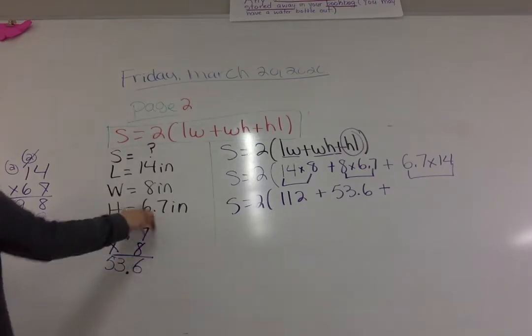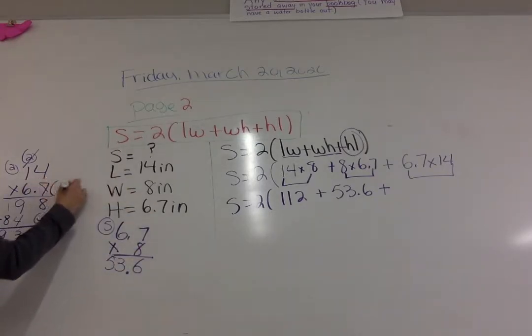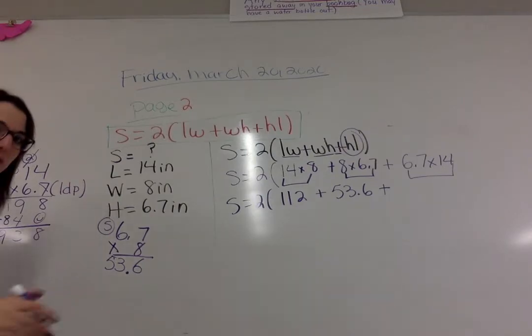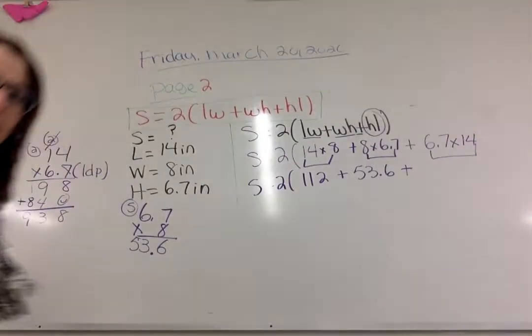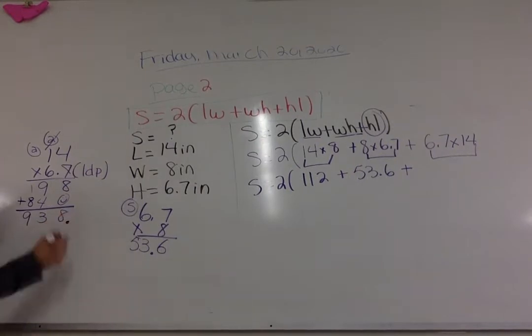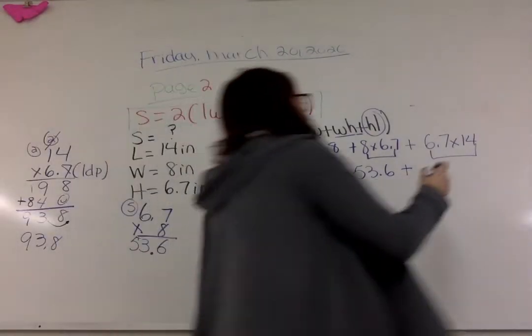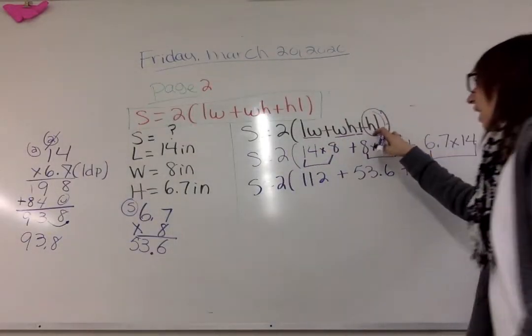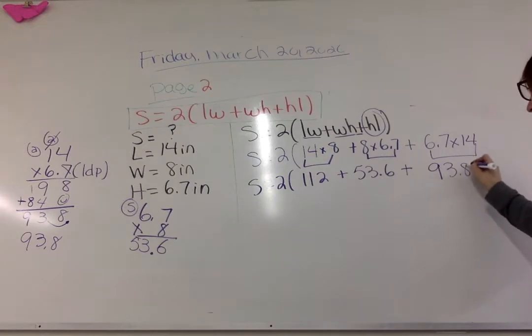Now, in the 6.7, there's one decimal place. I write 1 dp. When there's no decimal, it's to the right of the ones place. So that means over here's my decimal. I move it one place over, which now becomes 93.8. So that is the product of the height times the length, 93.8.